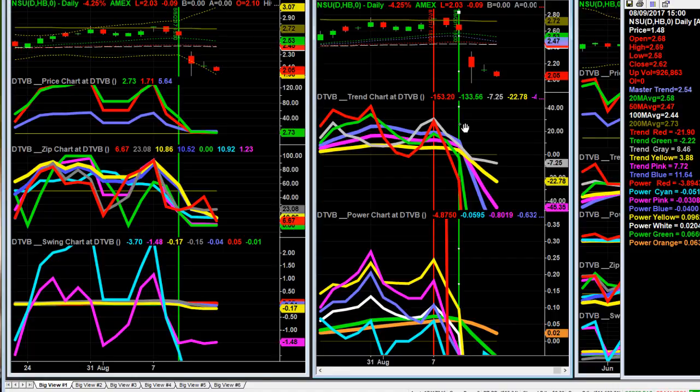So we have a spread difference of 19 points between the two, and that is big. And what that's telling us is, even though the price didn't move that much when we look at the red candle on the vertical green line day, we know that there's much more strength there because of the big separation between trend green and trend red.